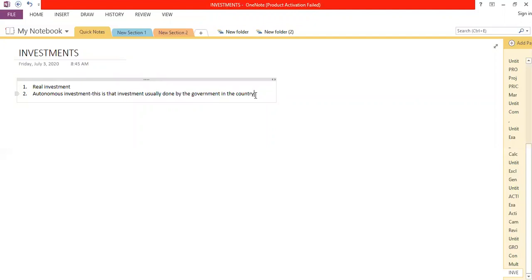Also known as the government spending. Also known as the government's expenditure.